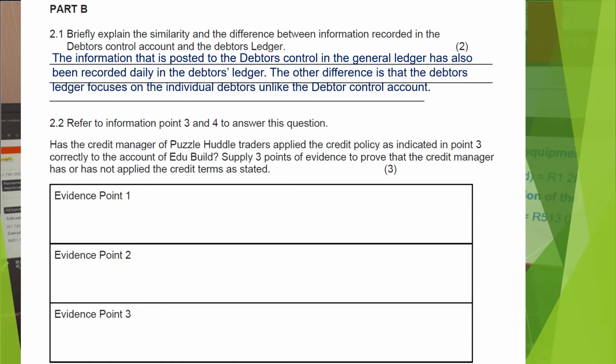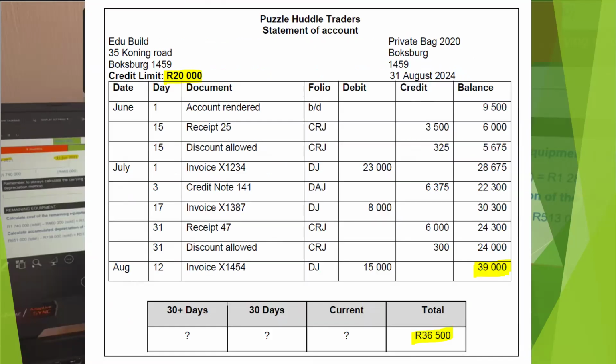I don't remember what I said here, but if I look back at what I've got here, I also noticed that on the 15th, they gave us a discount allowed of that. Okay. And I noticed that that discount is actually not even 10% of what was owed.